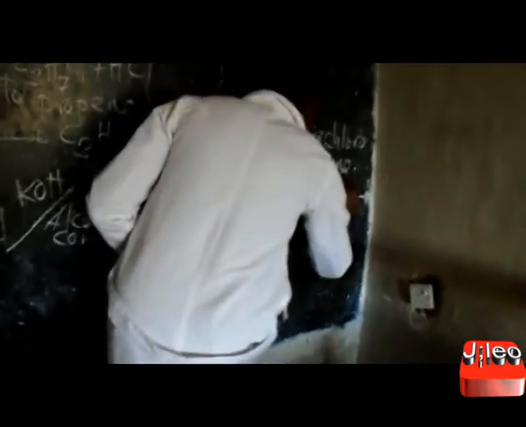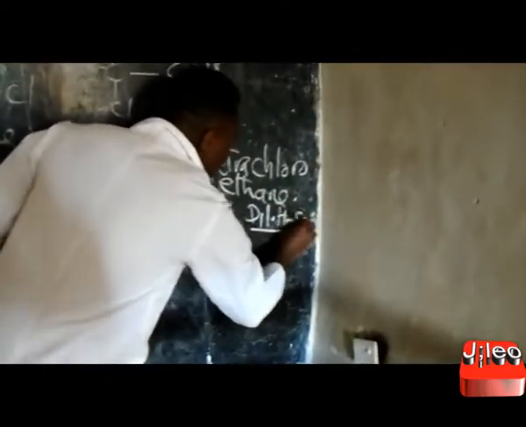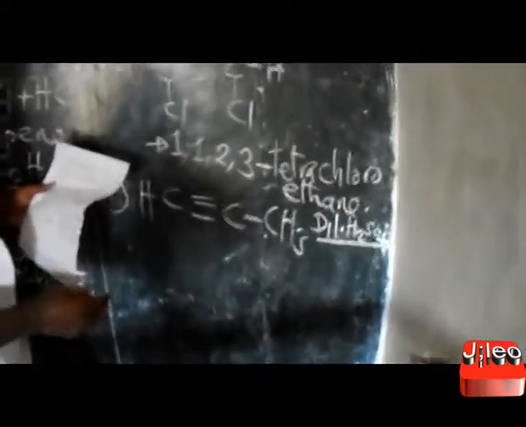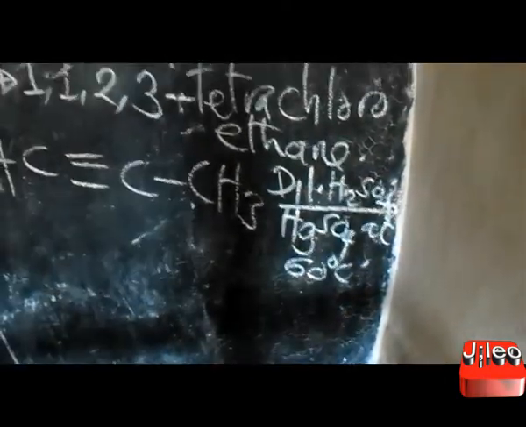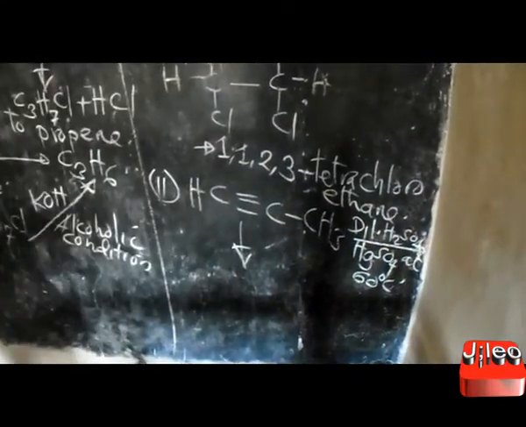Then the conditions provided here: dilute sulfuric acid, and another condition which is mercury sulfate at 60 degrees centigrade. So what is going to happen here?